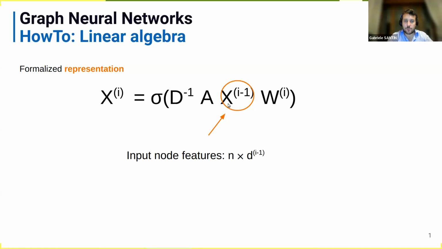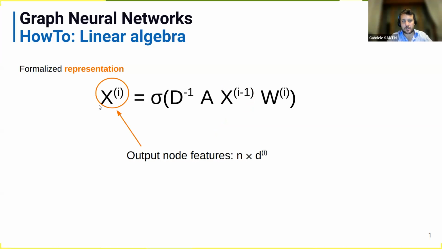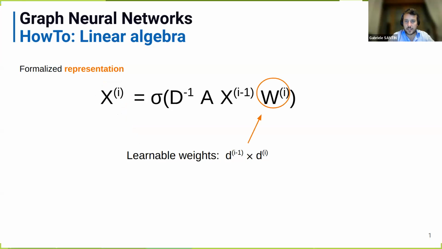And what the layer will provide us is the new encoding of the features. Okay, so this is the output node features, which will still have the dimension of the number of nodes, but now with a new dimension that we prescribe. And this d_i and d_{i-1} are design parameters, or hyperparameters, okay, that we set for our network. And then there is a learnable set of weights. So this is a matrix that should be able to multiply our feature matrix.